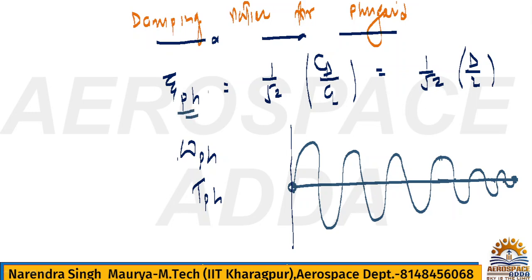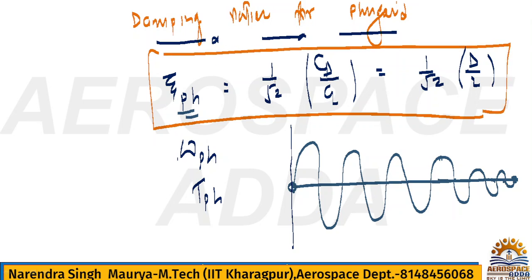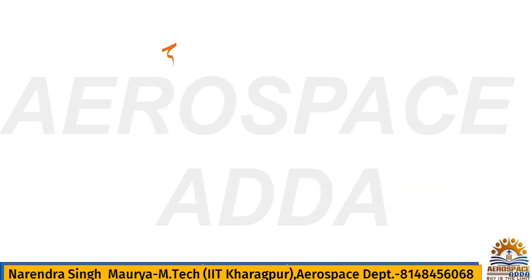In examinations they have asked it also. If you check, we can create one more question here. The damping ratio formula you have derived here. At the same time, the damping ratio of the phugoid, zeta ph, is 1 by root 2 times Cd by Cl.